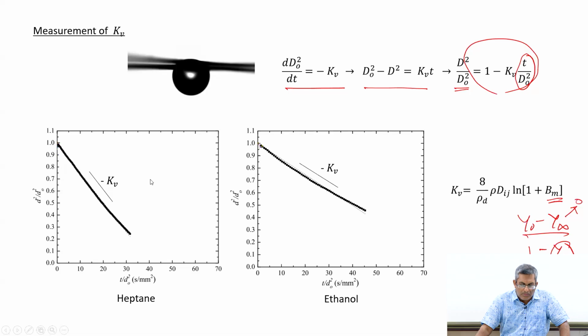However, the d square law may not be strictly valid for all liquids, also this we will see sometime later, because some other factors come into picture which were assumed not to be present in the d square law model. For example, we have assumed that the liquid is monocomponent.